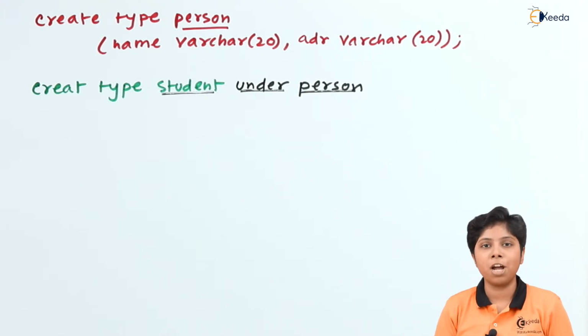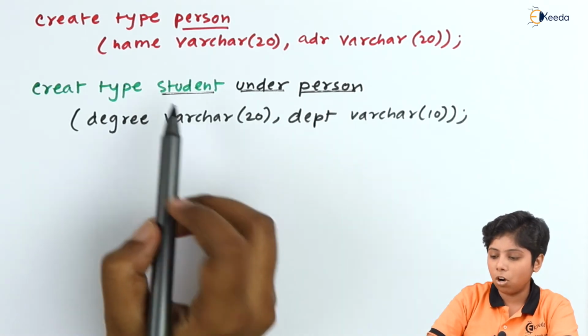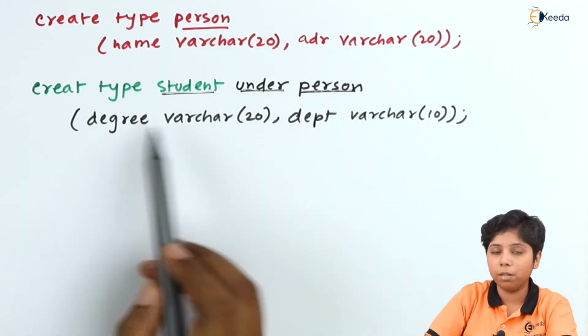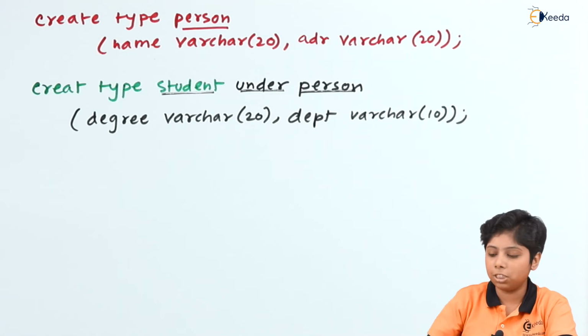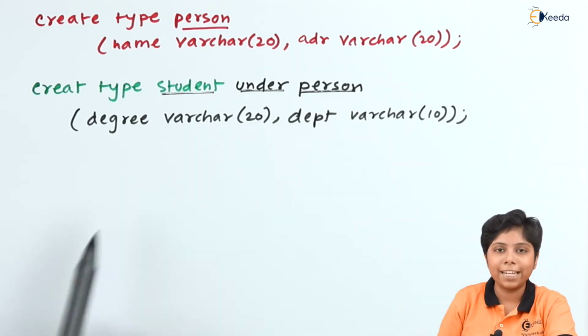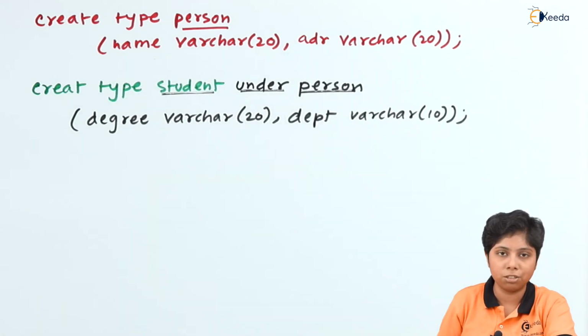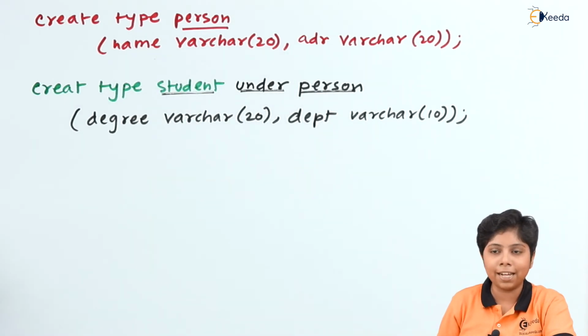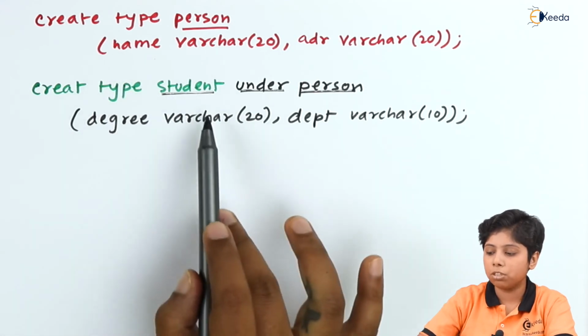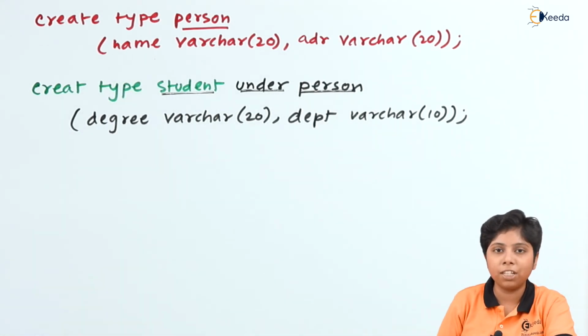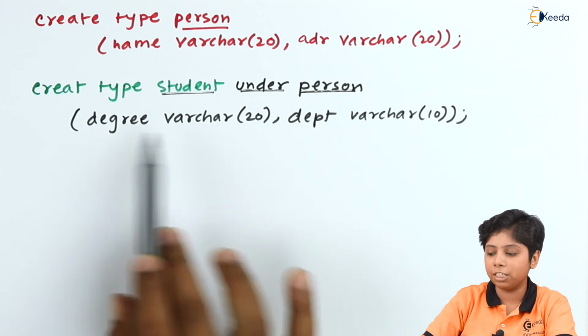It can have or not have its own features and methods. So the student has name, address, degree, department. I do not have to mention name and address explicitly in student because they will be inherited from person, and I can easily access student.name, student.address even if they are not mentioned along with degree and department.